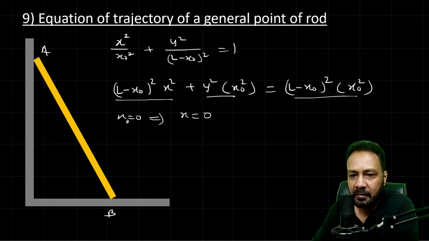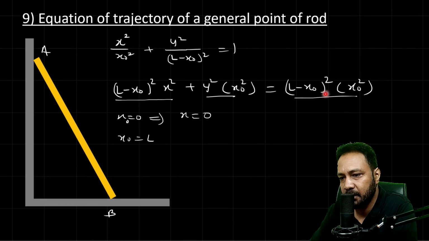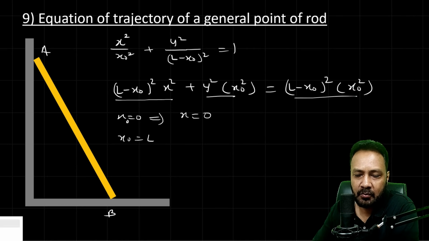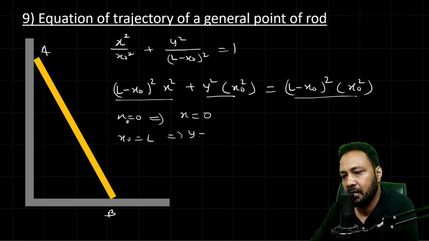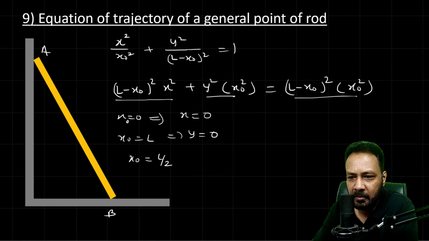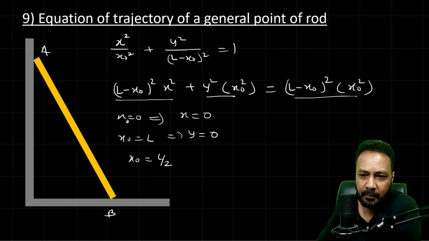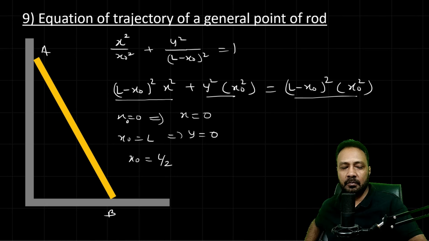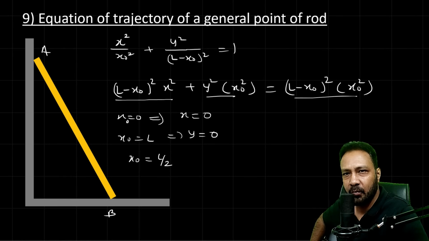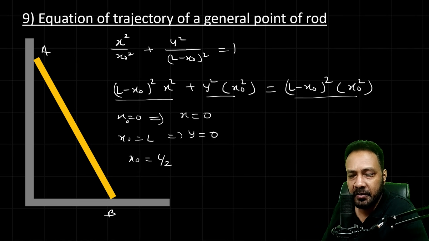And if I take x naught is equal to L, this part will vanish and this part will vanish, so that would give me y is equal to 0, which means the x-axis, that is perfectly alright. And if x naught is equal to L by 2, that will be simply x square plus y square is equal to L by 2 whole square. So perfectly matched here. So in general, the equation of trajectory of any general point of the rod is an ellipse.